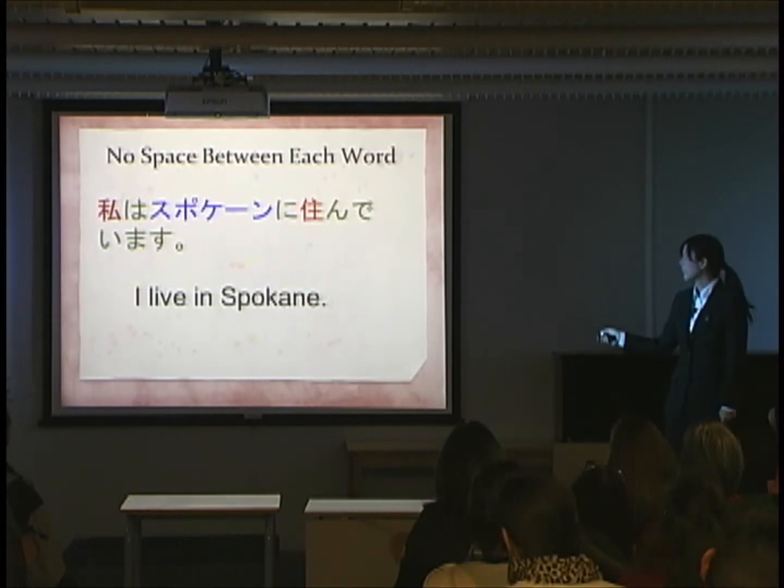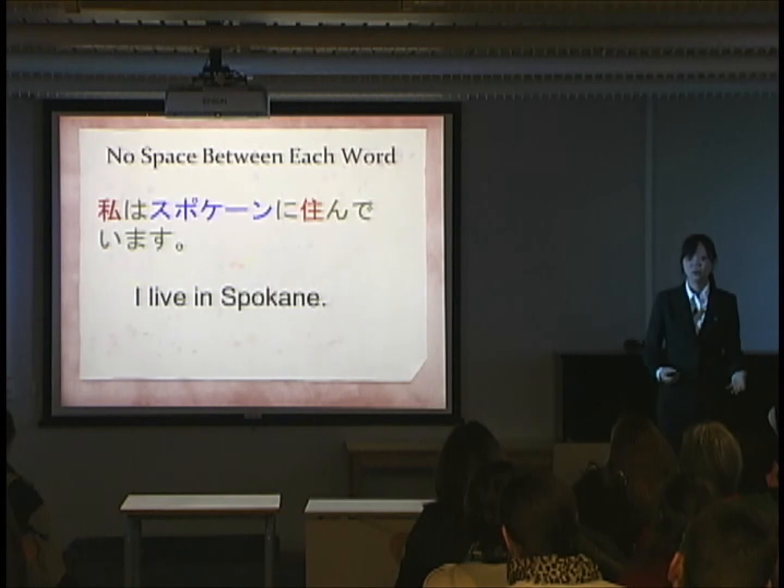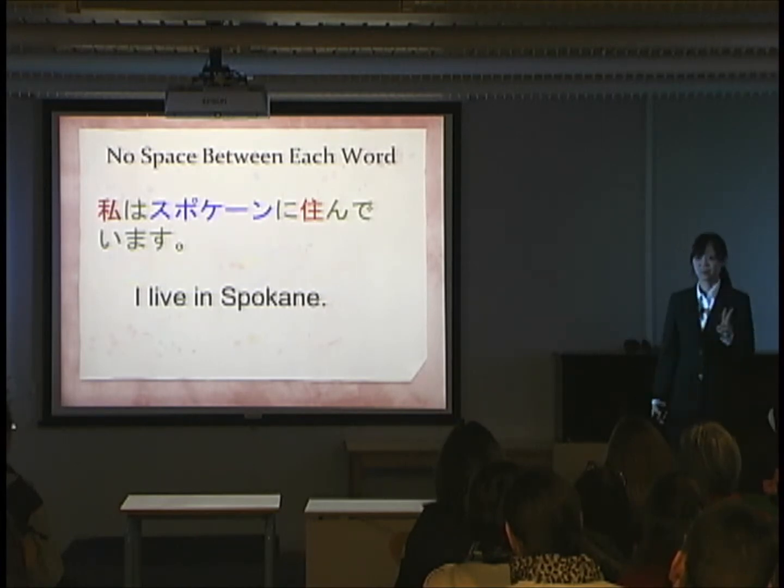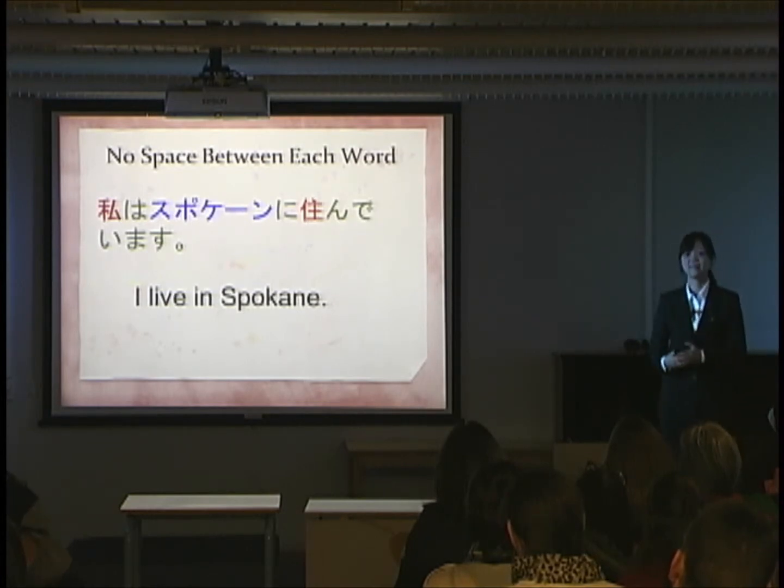You can see there is no space in Japanese sentence. You may wonder if it's hard to read without space, but in fact, it's not hard. As I said, we have three scripts, and kanji shows important words, so three scripts makes it too easy to read.